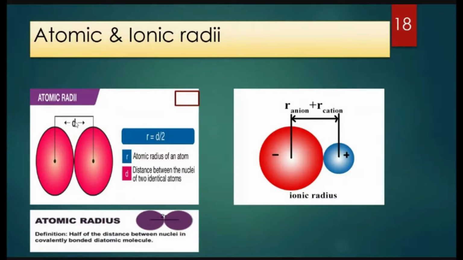R is the atomic radius, D by 2, half of the distance. That's what the definition says. So R is equal to D by 2. Similarly, half of the distance between the nuclei of two ions is called the ionic radius.